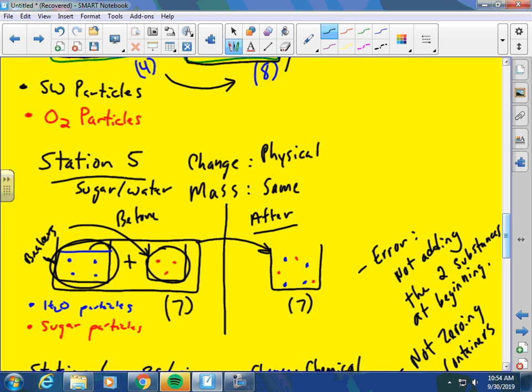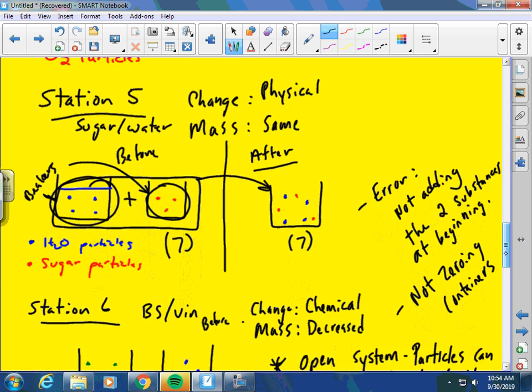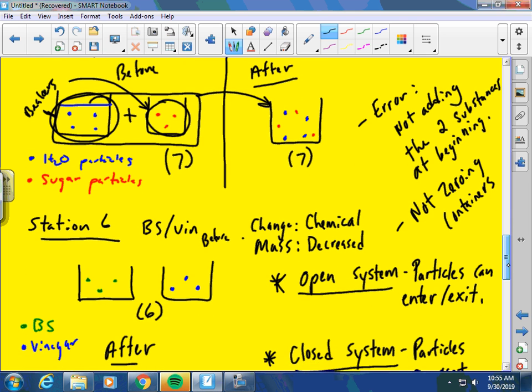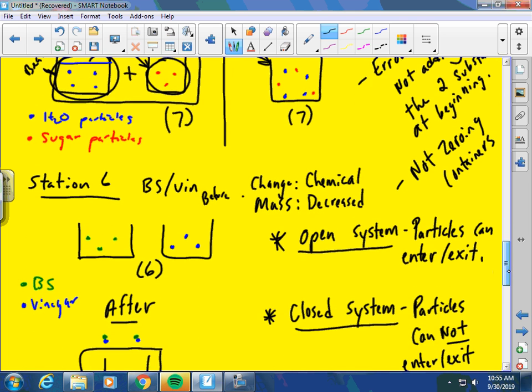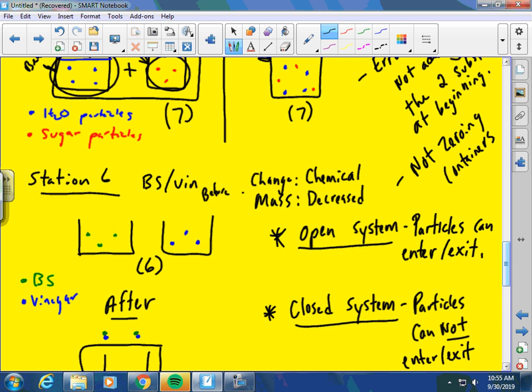All right. So on this one, I put chemical change and I said the mass decreased. And here's why. At the beginning, I just made 3 baking soda particles. I decided to make them green. And then I made vinegar blue, made 3 of those also.